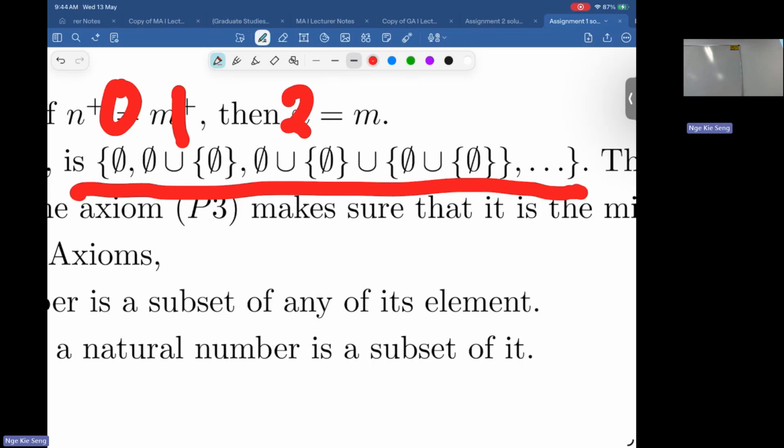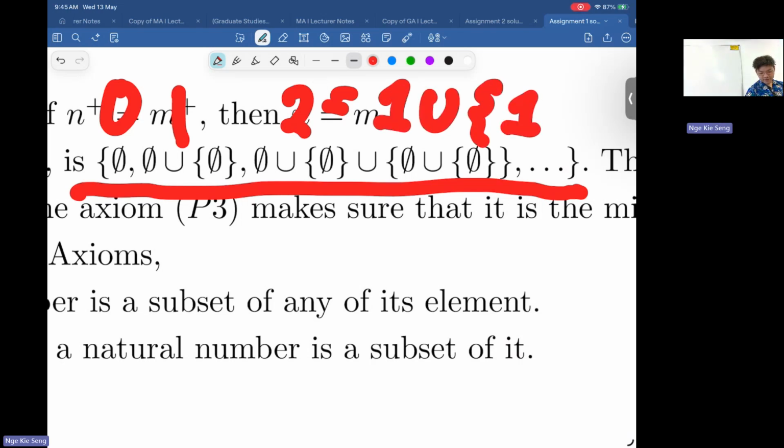Inside 2, there's 1 there. So you can think of 2 as 1 union the set containing 1, right? They use this way to distinguish the two numbers, with 1 inside.